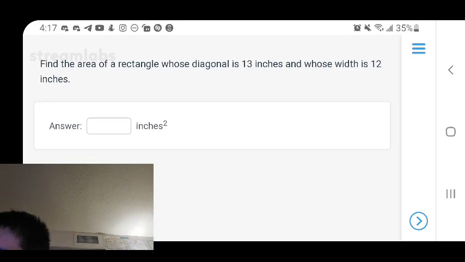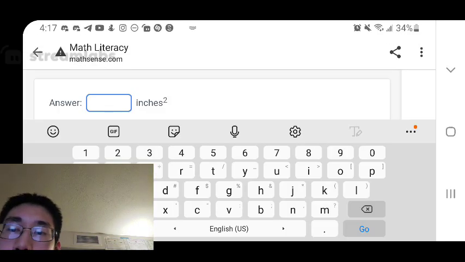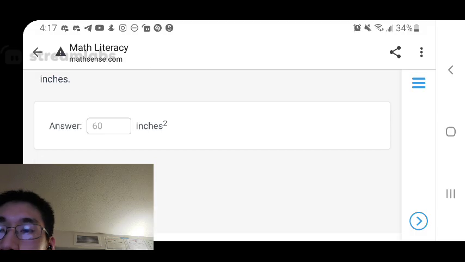Double checking it. 5 squared plus 12 squared is 13 squared. 25, 144, 169. Yep. Oh, you want to round it now. Yep, 5 times 12 is 60. Yep.